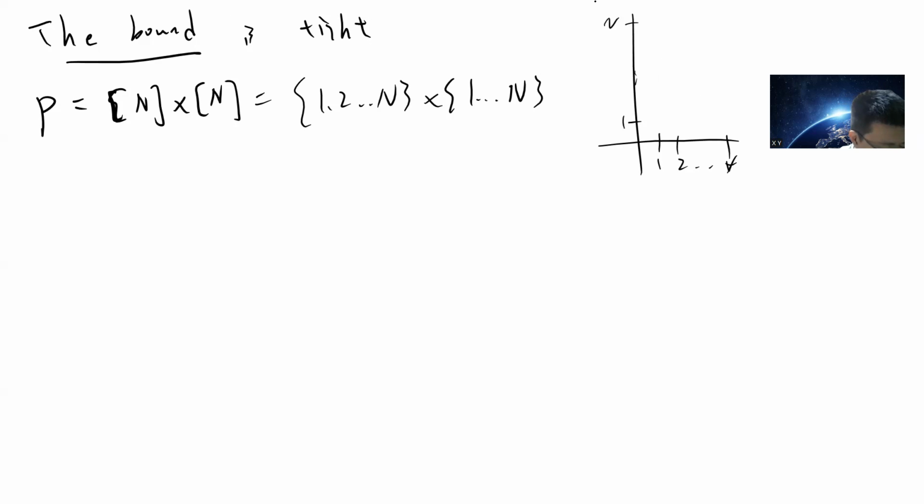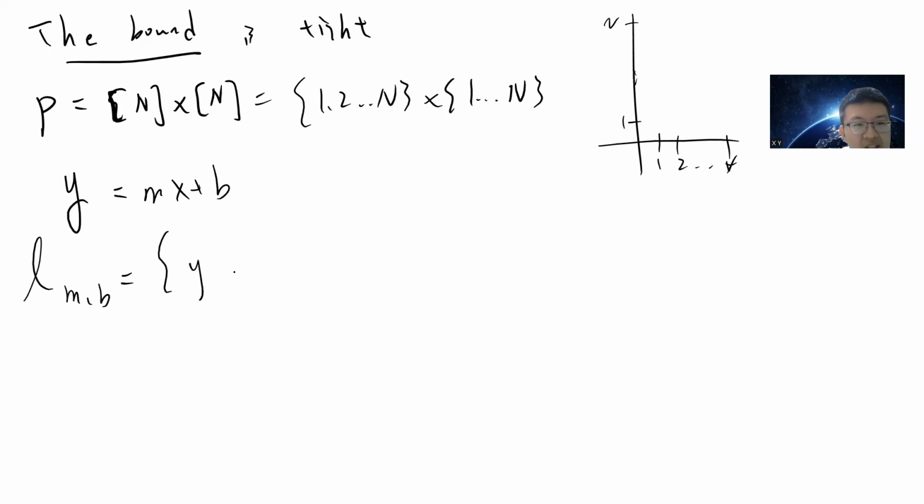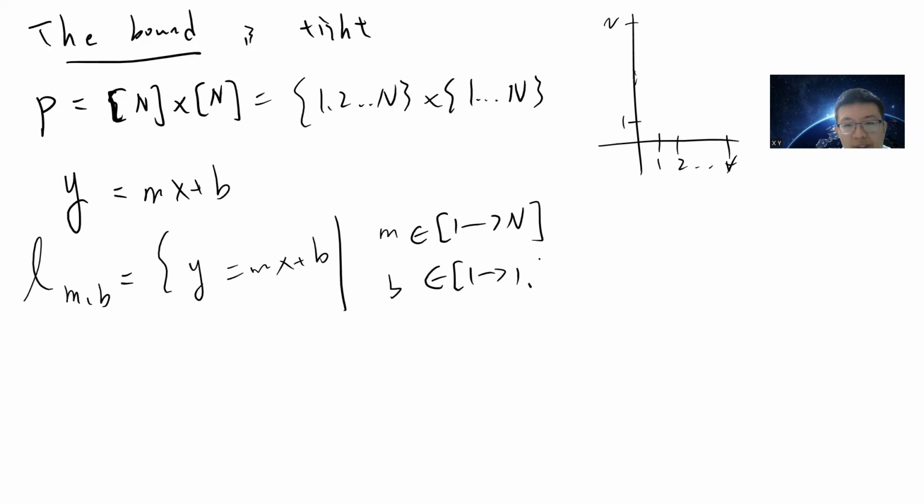We have some points, and then you can just take lines to be y equals mx plus b. So let's say the set of lines is defined by m, b: y equals mx plus b, where m belongs to 1 to n, and b belongs to 1 to n squared.